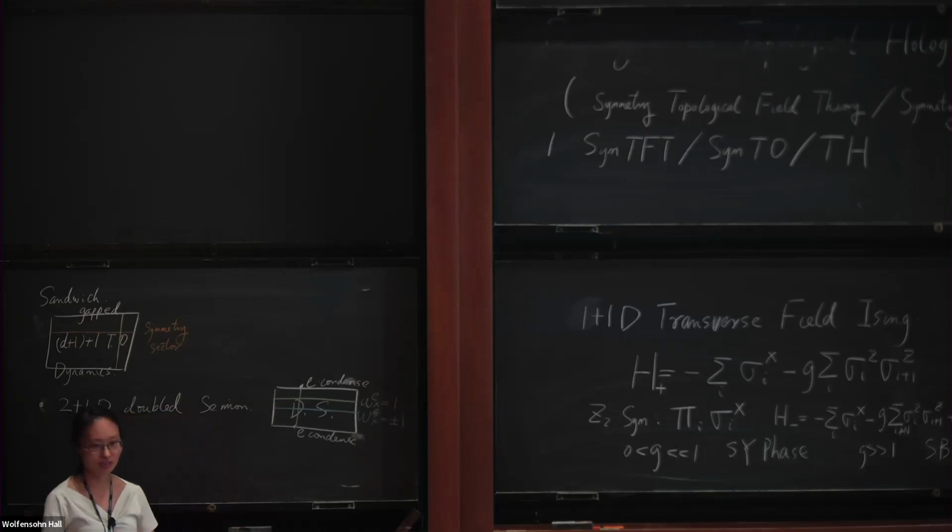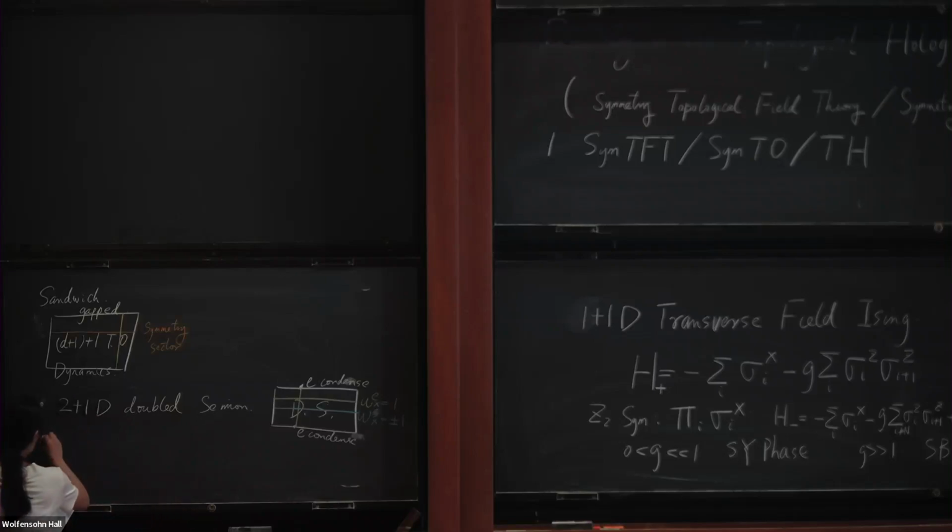If you have a GHZ state, you can add a charge without costing any energy. But that's the only way to gap the system out, meaning that the symmetry has some anomaly because there's no way to gap it out without breaking symmetry. So that's almost a definition of anomaly. Right. So with double semion, we get a 1 plus 1D spin chain with Z2 symmetry, but anomalous Z2 symmetry.